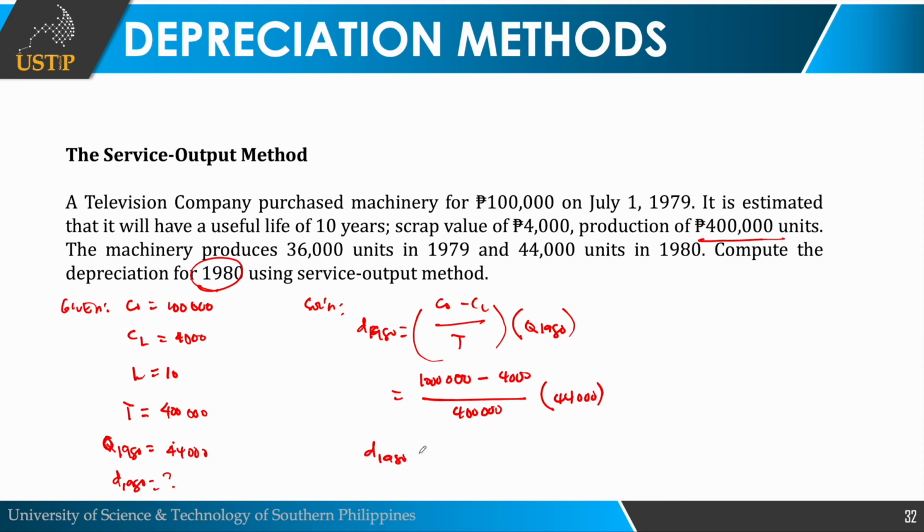The depreciation would be 10,560. It would be nice to compute the depreciation during 1979 so you can compare. The depreciation during 1980 is greater because more units were produced.